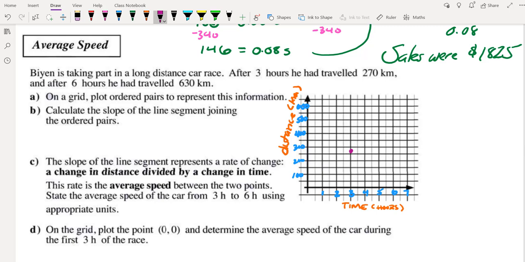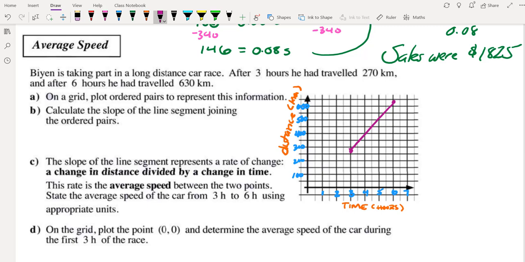So 6 hours at 630, just above the 600 but below the 650 would be that point. So let's calculate the slope of this line. Well, let's draw the line first. I got my line there. Now calculate the slope of this line.